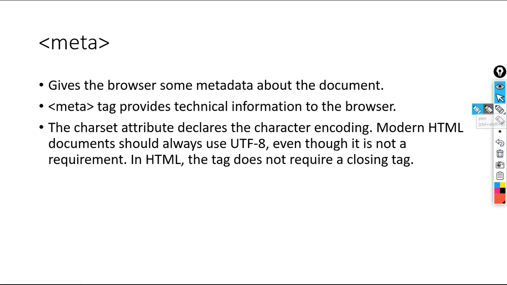How to encode characters will be decided by the character set. Modern HTML documents should always use UTF-8, even though it is not a requirement. Not a requirement means it is not mandatory. By default it will be UTF-8.